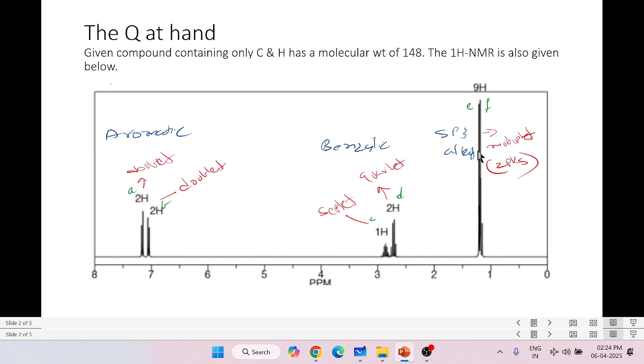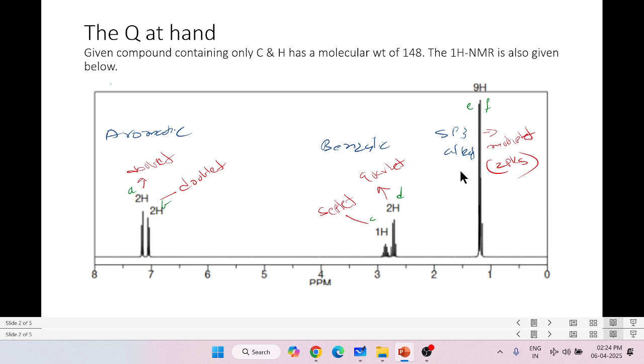That is signal E. HD is a quartet, so it has a single methyl group next to it. That is signal F. E and F come at around the same chemical shift, so they overlap and look like a multiplet, which is not the case. It is actually 2 peaks looking like one.